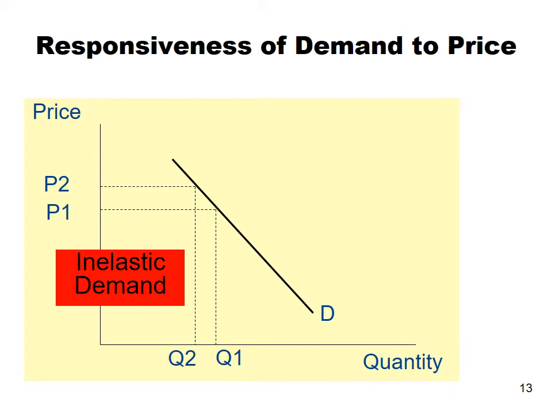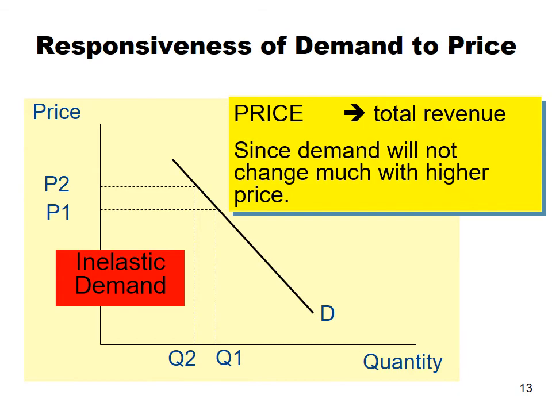So when you increase the price from P1 to P2, since the demand doesn't change much, the drop from Q1 to Q2 wasn't a lot. So in this case, the bank can increase its total revenue, since the demand will not change much with the higher price.